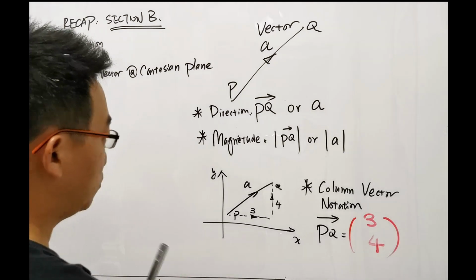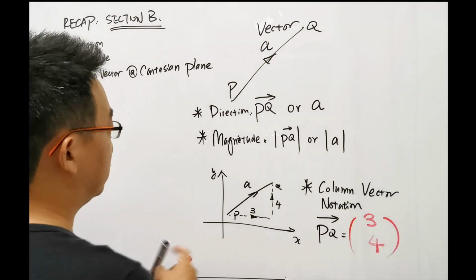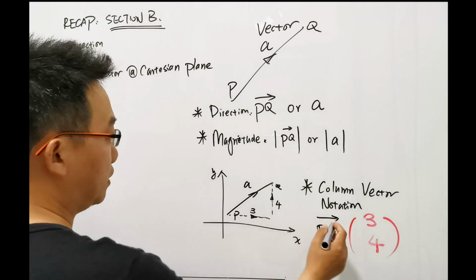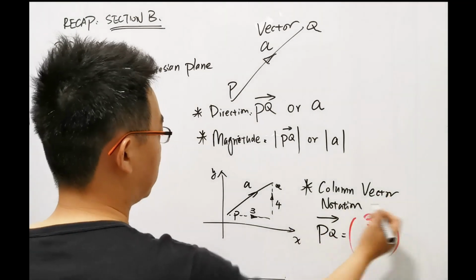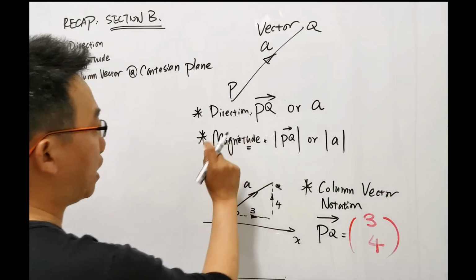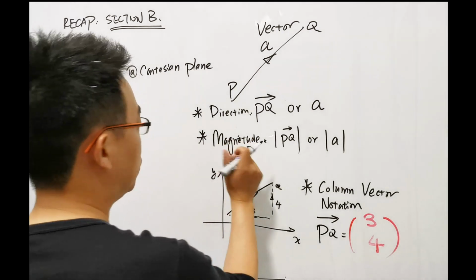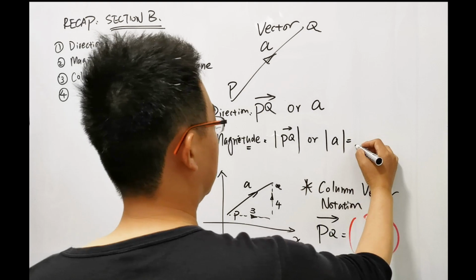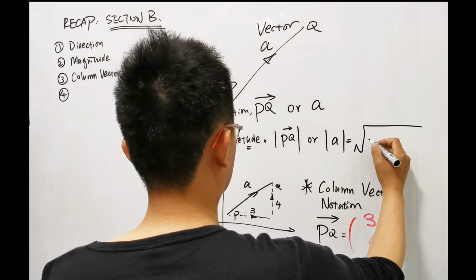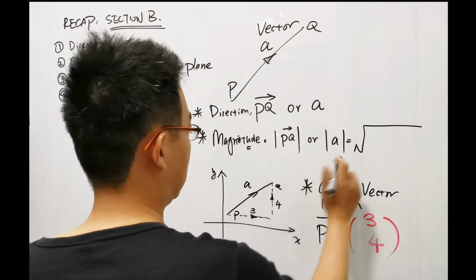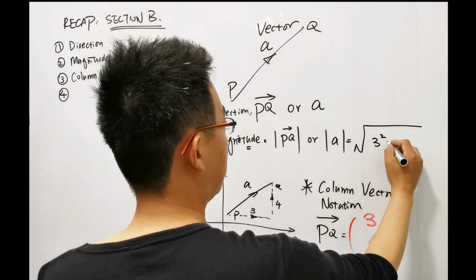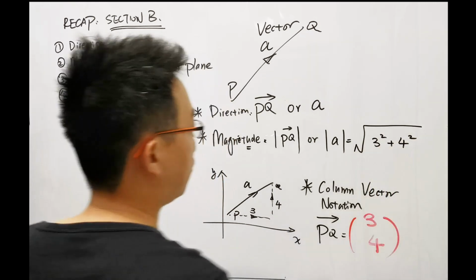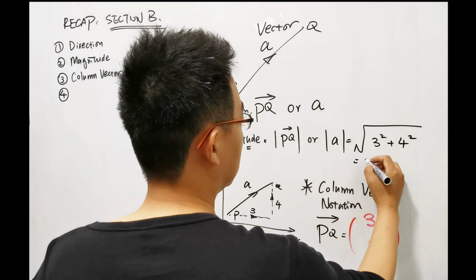We also discussed how to work out magnitude now that we have column vectors. The magnitude of A equals the two sides: 3 squared plus 4 squared, then we can work out it is 5.